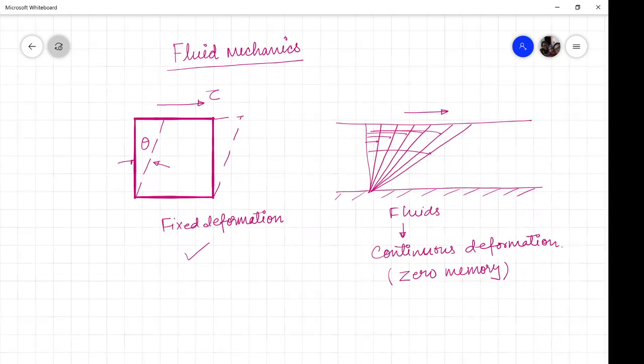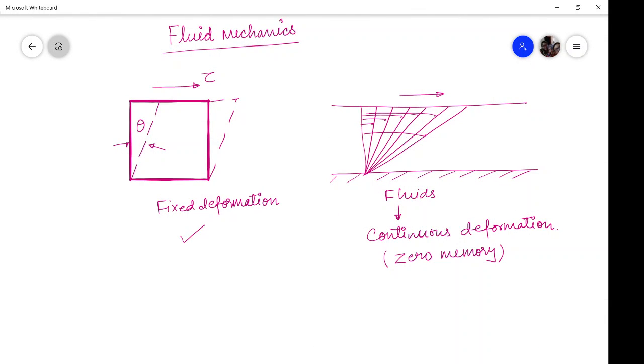In solid mechanics, you have seen that there is a law called Hooke's law, which relates the shear stress to the shear strain, and that relation is a direct relation between stress and strain. This is the constitutive relationship in case of solid mechanics. But this relation is not valid in fluid mechanics. Why?